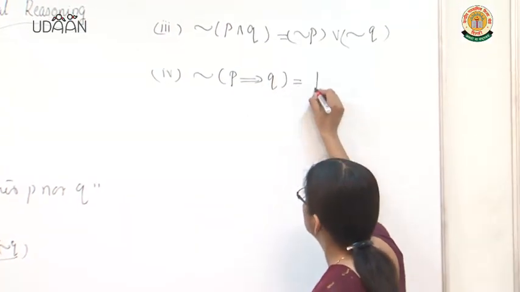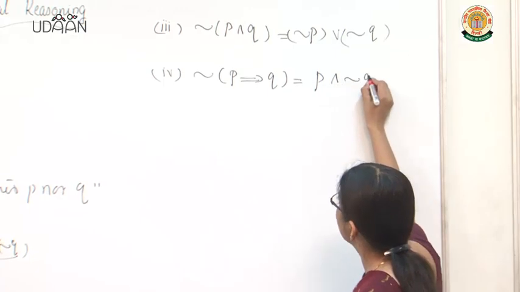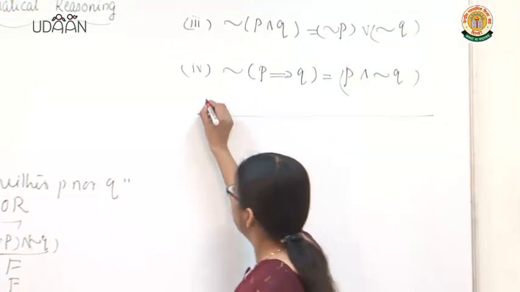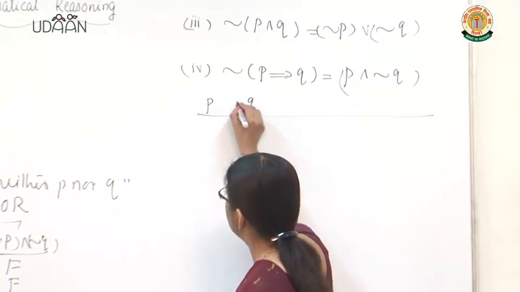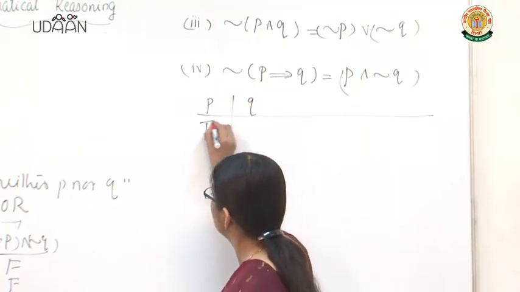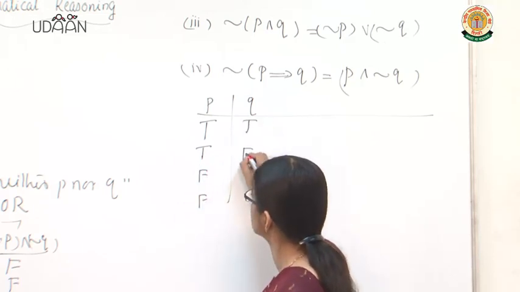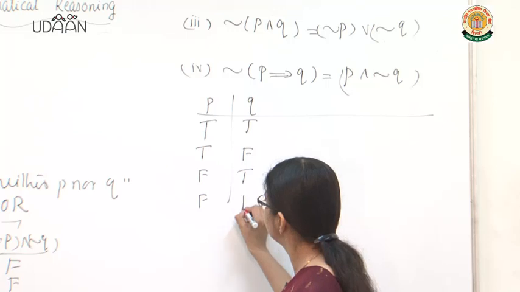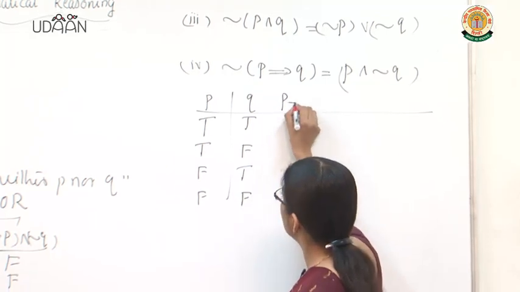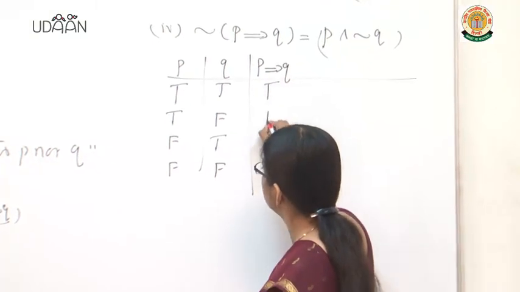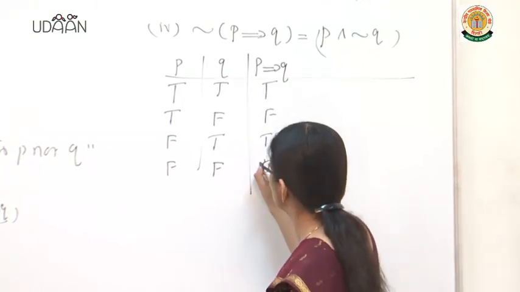The next result, negation of P implies Q. It is equal to P and negation of Q. Quickly we'll prove it. We have statements P and Q: true, true, false, false; true, false, true, false. P implies Q, which is true, false, true and true.